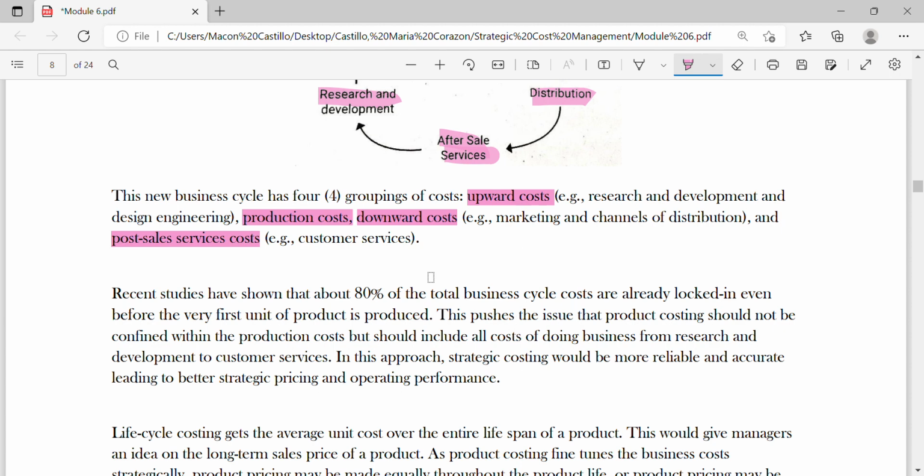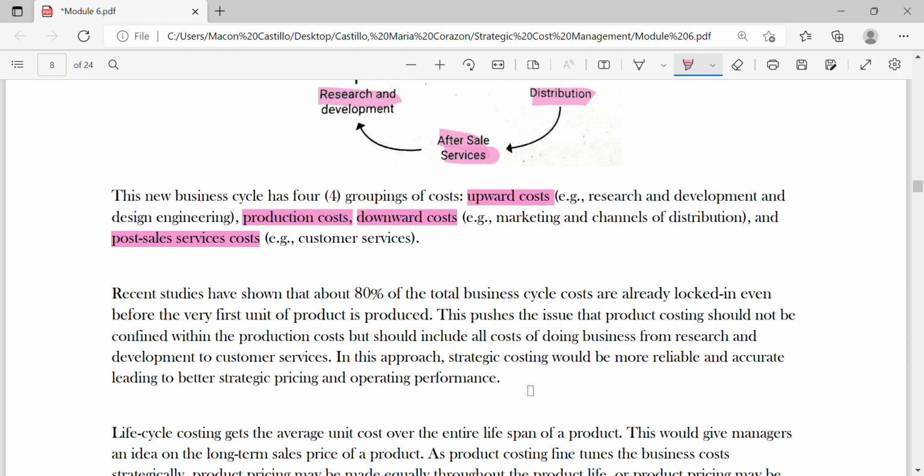That's why, because majority of the total cost of the product is on the prior production period, this pushes the issue that product costing should not be confined within the production cost, but also include the cost of doing business from research and development up to the customer services.